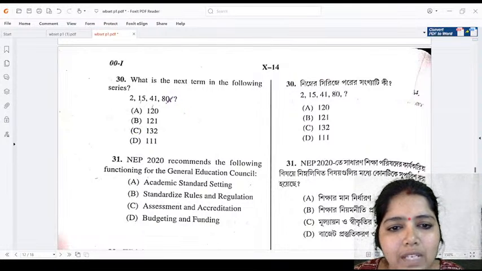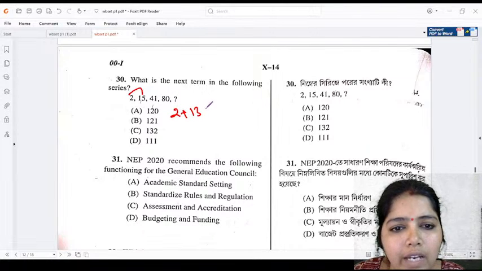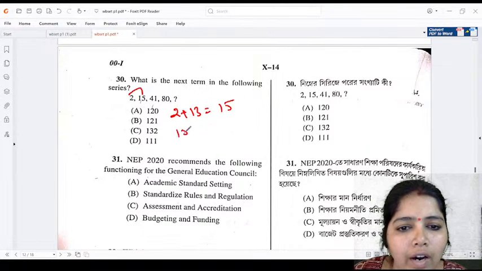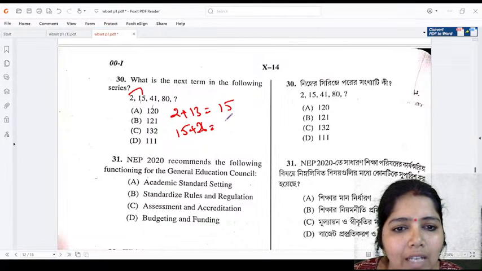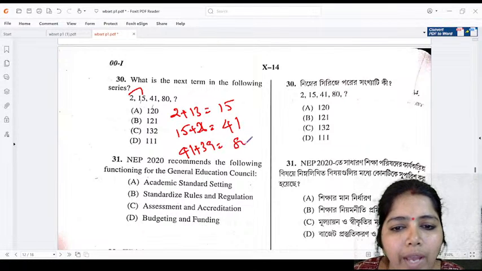How? They are just adding multiples of 13 here. 2 plus 13 equal to 15. 15 plus 26, which is a multiple of 13, that will become 41. 41 plus 39 is equal to 80.